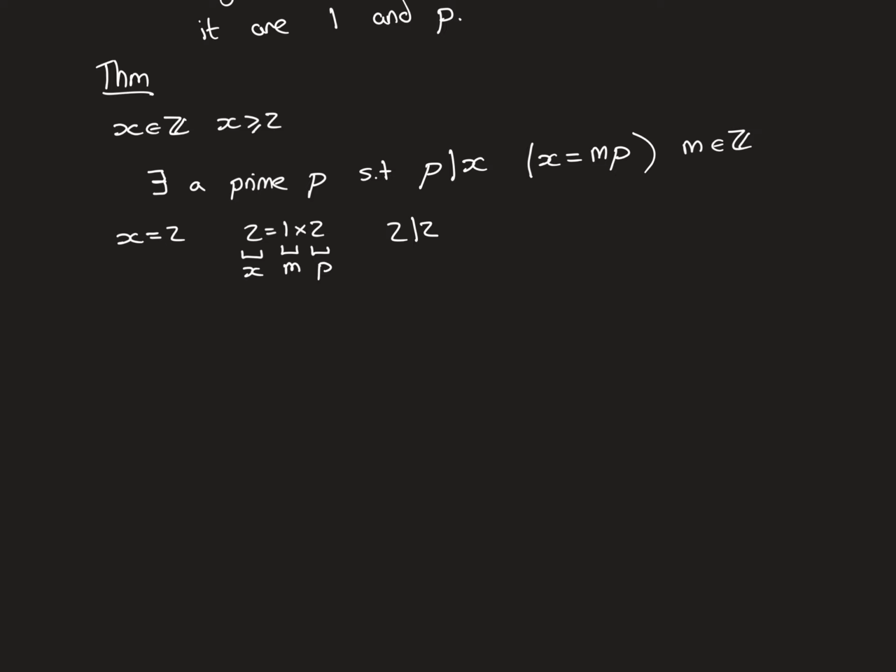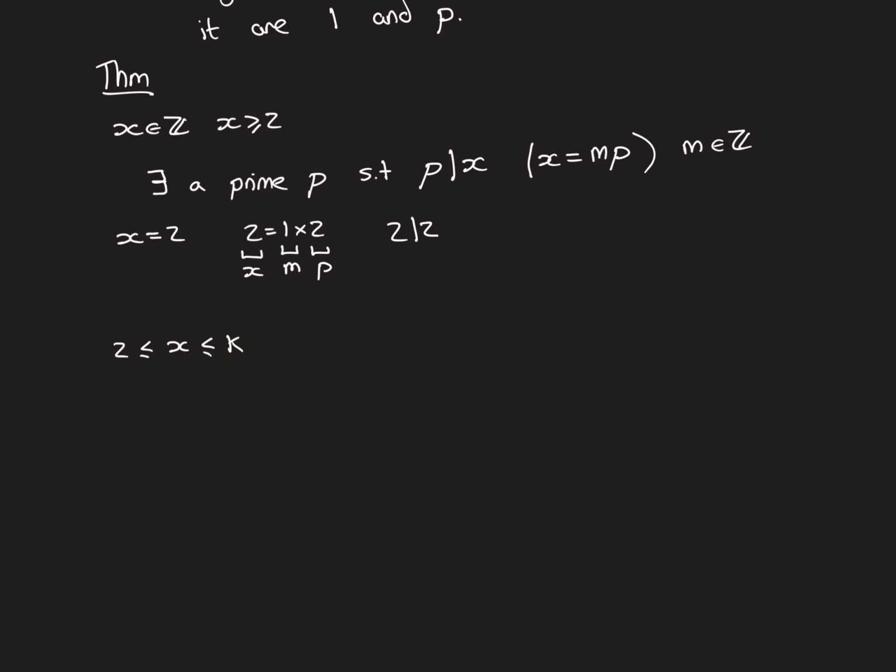Now this inductive step, I'm going to explain carefully because this is a complicated, strong inductive step. We want to assume that it's true for x greater than or equal to 2, less than or equal to k, the integer values, so 2, 3, 4, all the way up to k, where k is some integer.